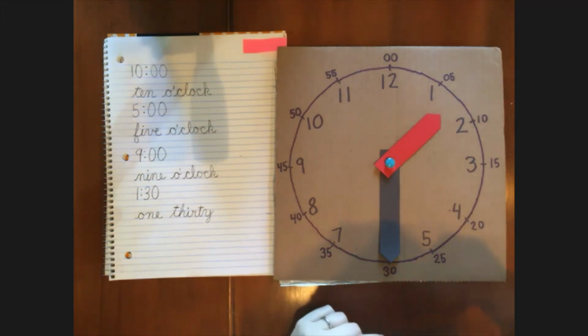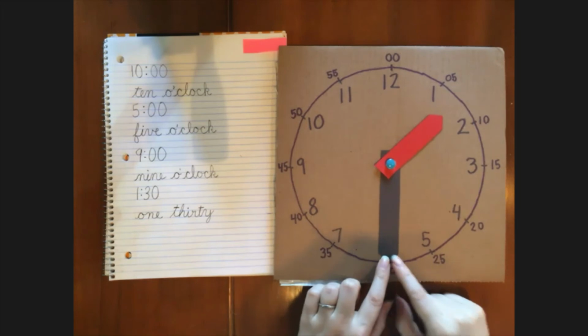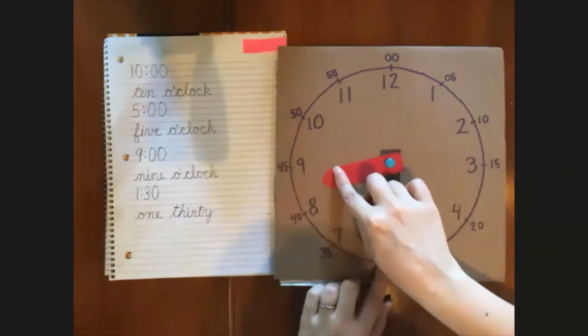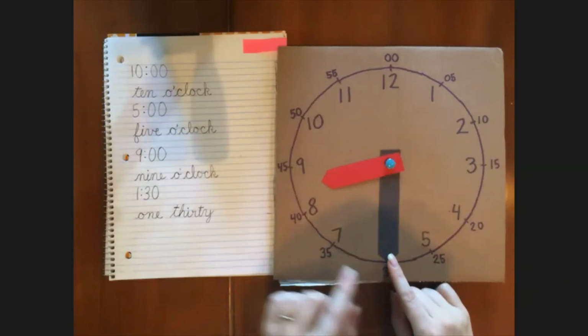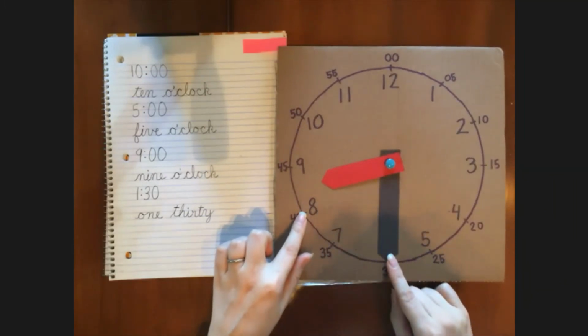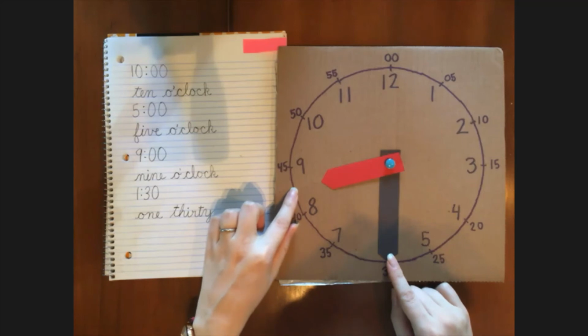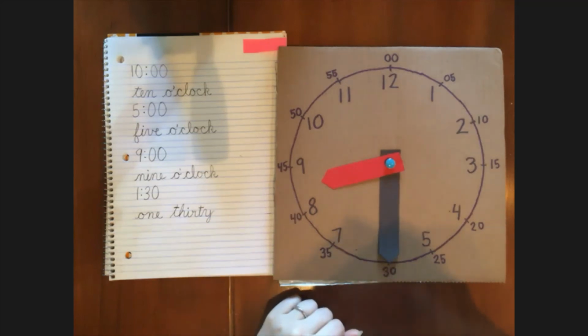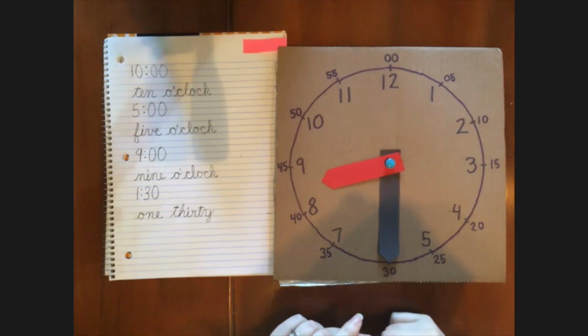Let's try another number together. Let's make 8:30. So we're going to leave this one here. And the hour hand is going to go past the 8, halfway to the 9. And this is 8:30.